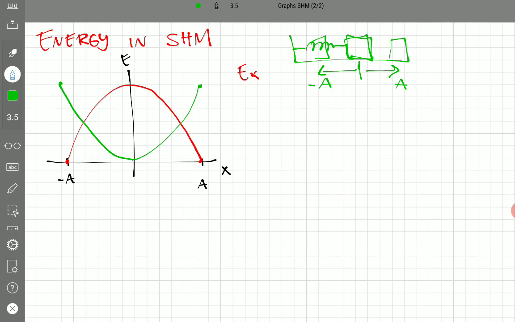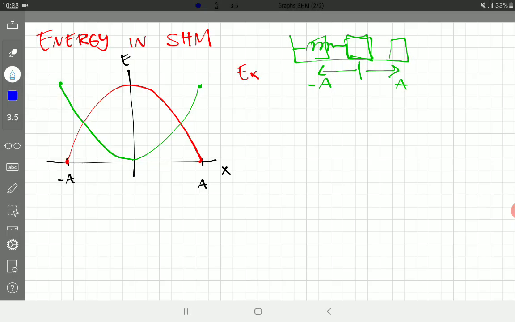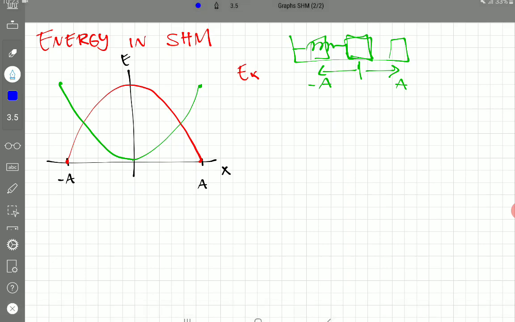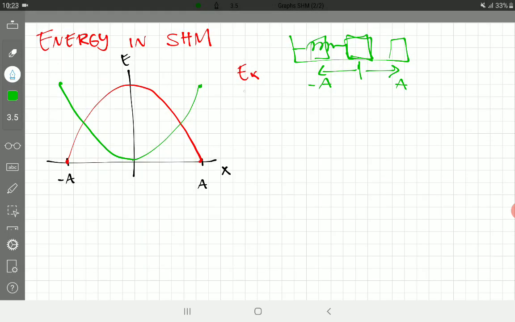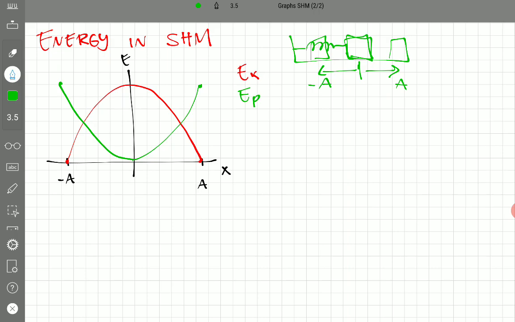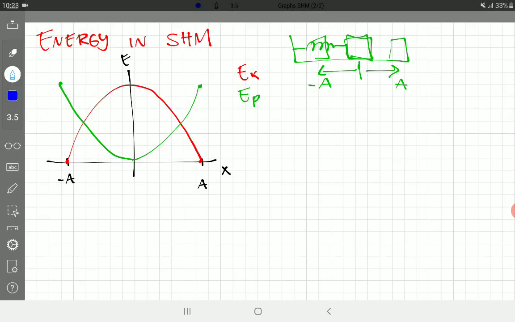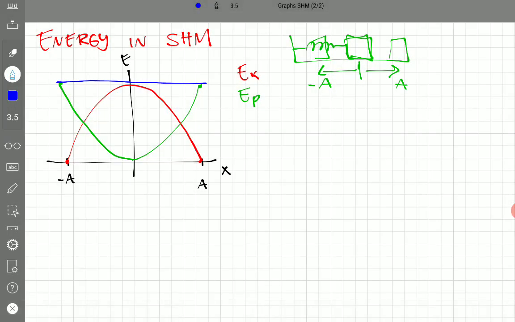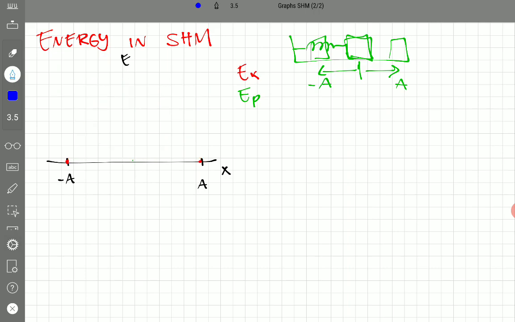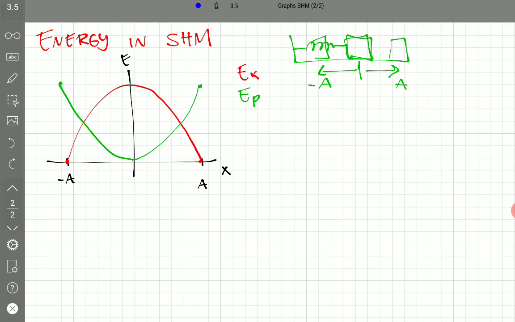Now, if you add them together, you get the graph that they were showing there of total energy. So let me say this is potential energy, and then the total energy of the system is always the same, right? And we were saying how if an object has 10 joules of total energy, then at all points the kinetic and the potential will add up to 10.